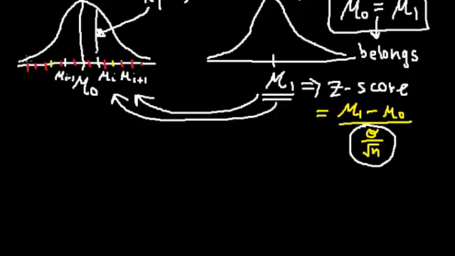And the way that we represent it, if you wanted to compute for the standard deviation of this, then it would be equal to the standard deviation of the population all over square root of n. So if we're going to use this based on the standard deviation of the population, we need to make sure that we use this formula correctly.